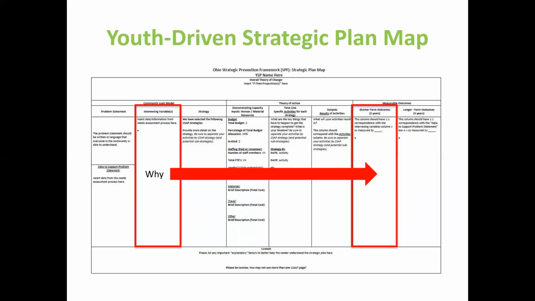So you can see where on your strategic plan map you would insert your intervening variables and how this then gets mirrored on the other side of the map in that short-term outcomes column. We're going to discuss now a little bit about how you should present your intervening variables on the strategic plan map.